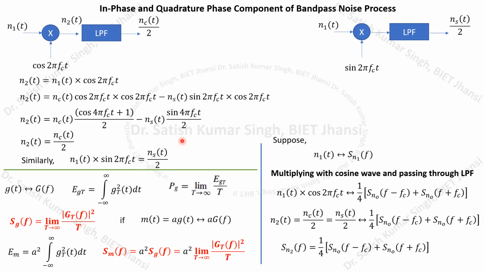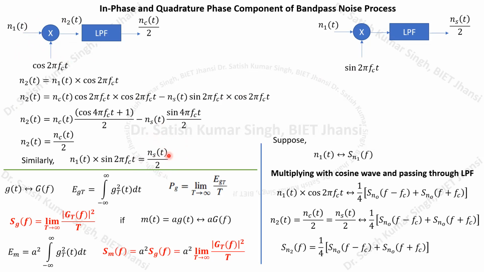Now we are generally interested in the power content of such a noise process if we are passing it through such a narrowband pass filter, then multiplying with such a multiplier, and then passing it through a low pass filter. What will be the power content?